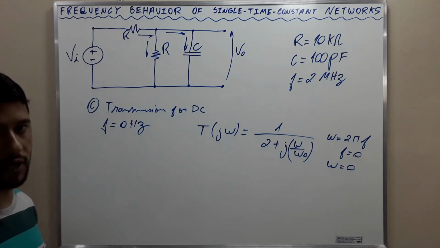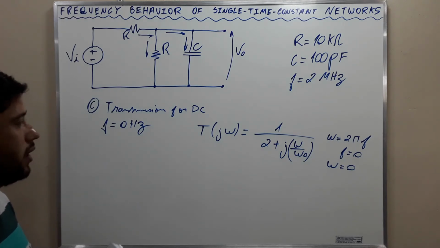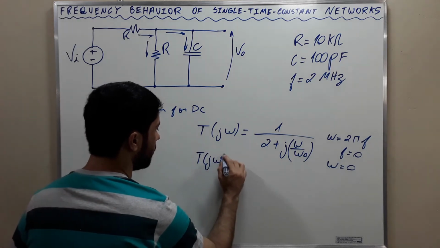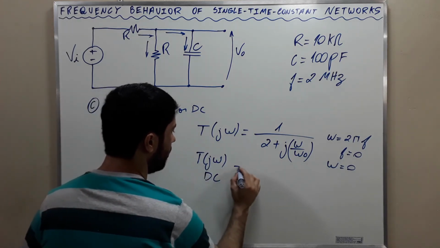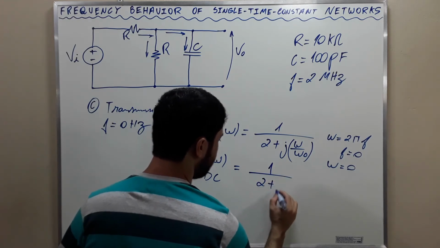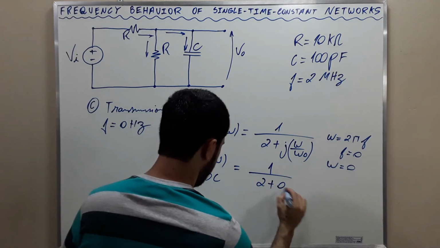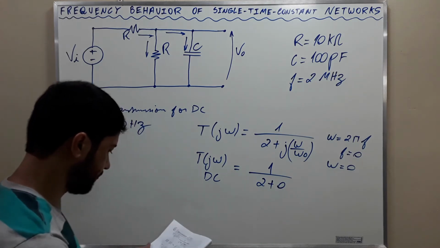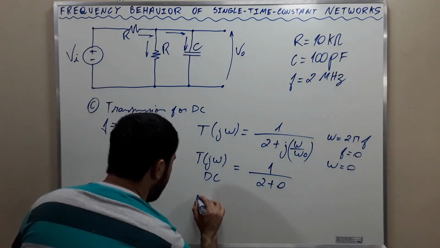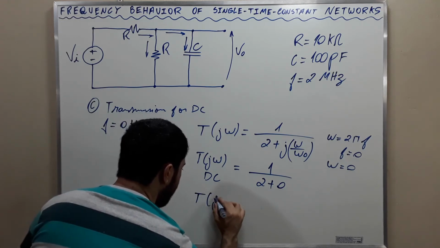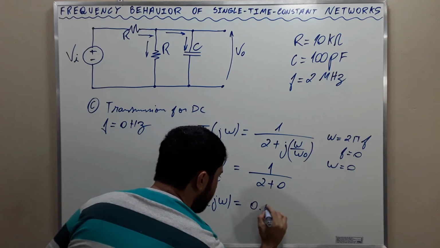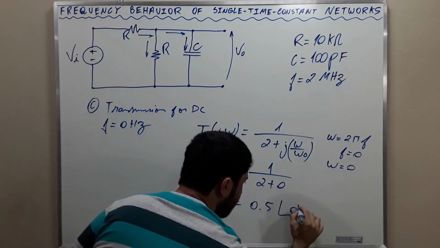Do you guys get it? Then we know that the transmission for DC is equal to 1 divided by 2 plus 0. And then we find that at DC this is equal to 0.5 phase 0 degrees.